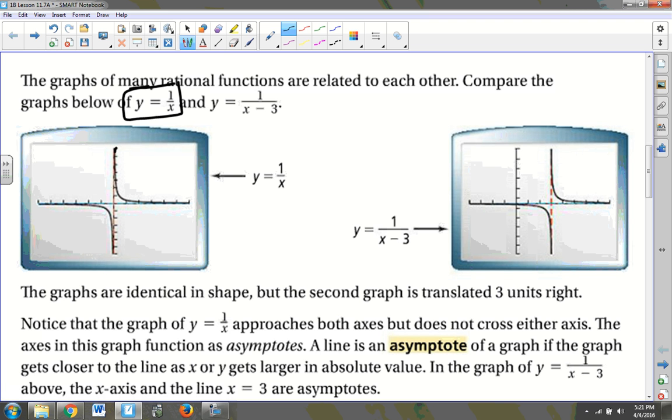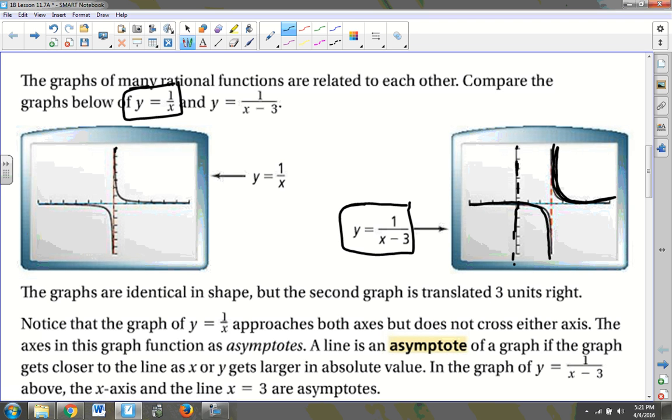Now, they're relating that to the function y equals 1 over x minus 3. When we graph that on a graphing calculator, we get this. And this one certainly does cross over the y-axis here. But what I want you to notice is that there is a certain vertical line that it will not cross over.